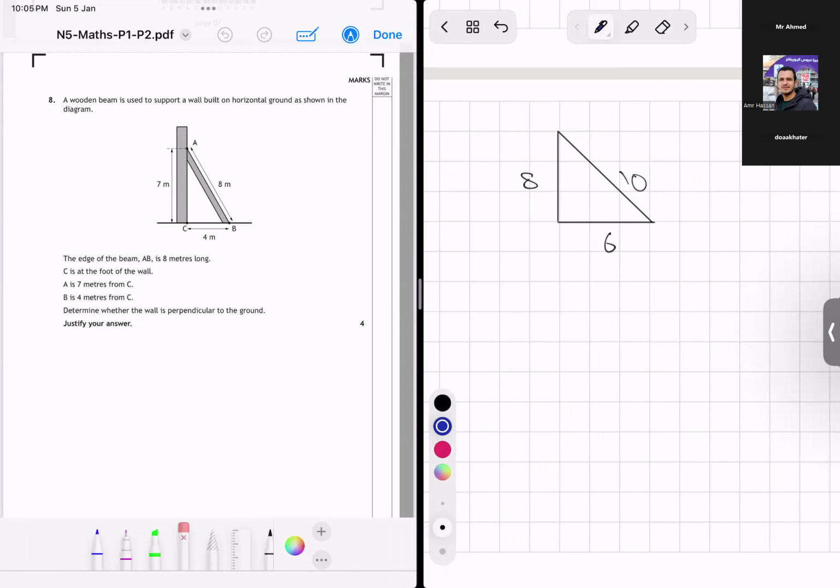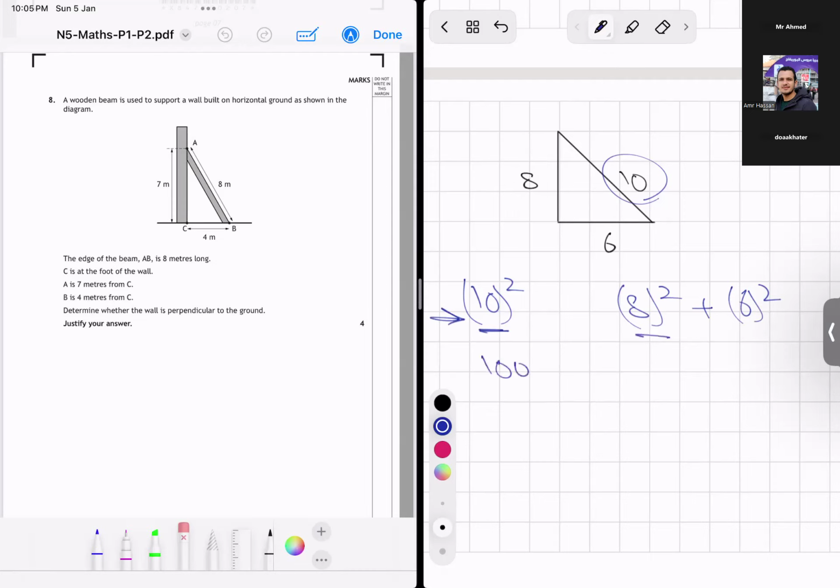Let me show you. So the longest one is 10. Let me square that. So 10 squared, and here we have 8 squared plus 6 squared, right? If I end up with the left-hand side equal to the right-hand side, it makes sense this is a right angle triangle. So what is the square of 10? 100.